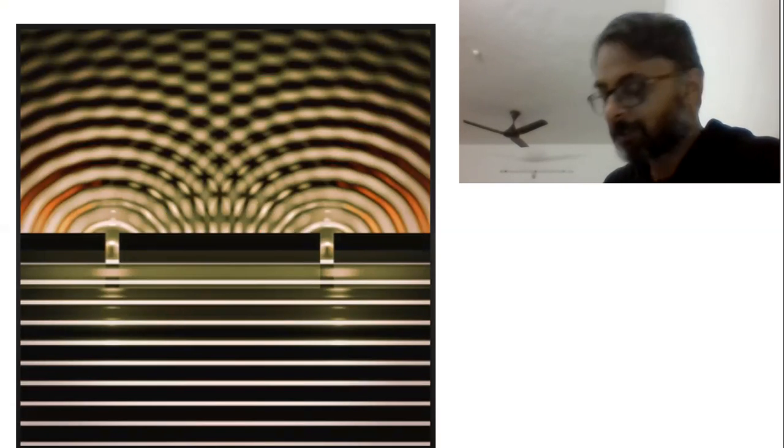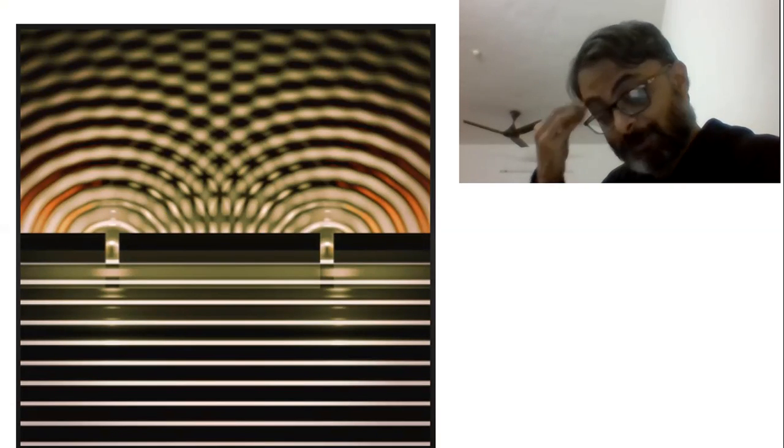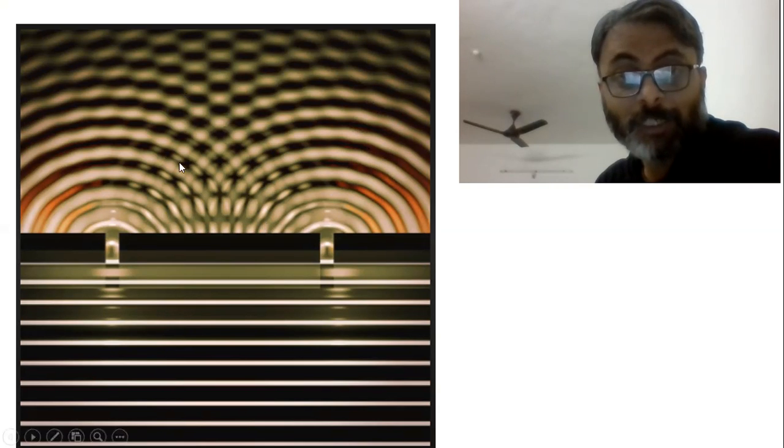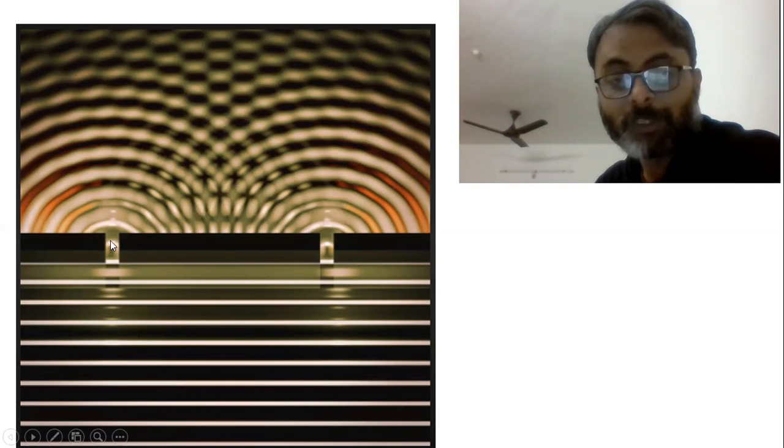So we know what a double-slit experiment is, and we know what interference is. There is a wave, especially a wave of light, which is passing. When it passes through two slits, the wave diffracts, and the second wave also diffracts from the other slit. So it forms two waves, and they interact.